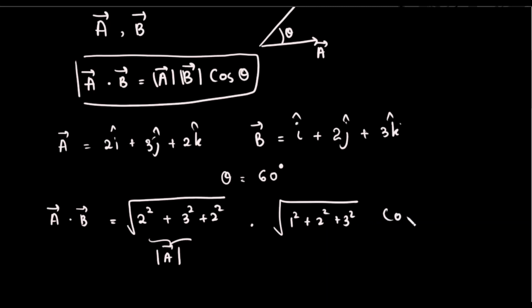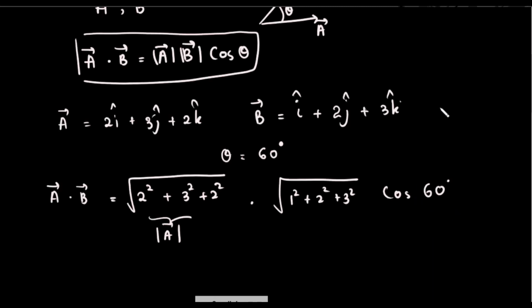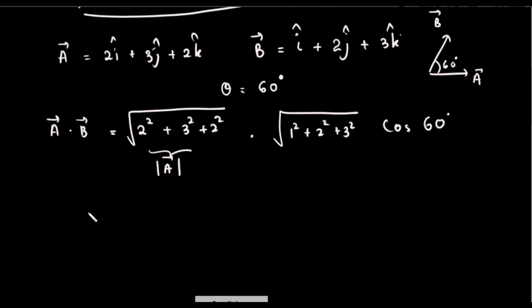Now the cosine theta is cosine 60. If you draw the diagram of these two vectors, this is the A vector and this is the B vector, and the angle between them is 60 degrees.